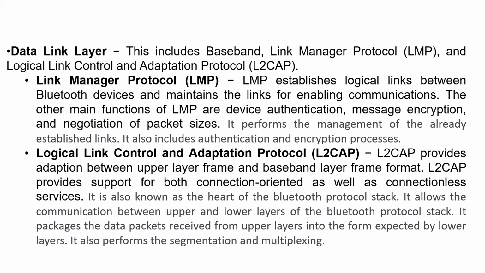This is called segmentation, and these packets are delivered to the lower levels by using a multiplexing scheme. So both segmentation and multiplexing are carried out in the L2CAP layer.